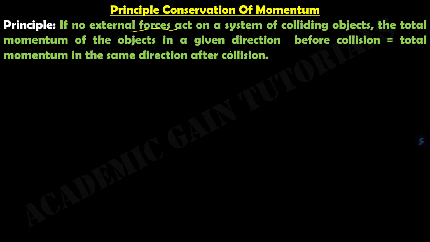So the total momentum before collision will be equal to the total momentum after collision. This is known as the principle of conservation of momentum. So let us see how it works.